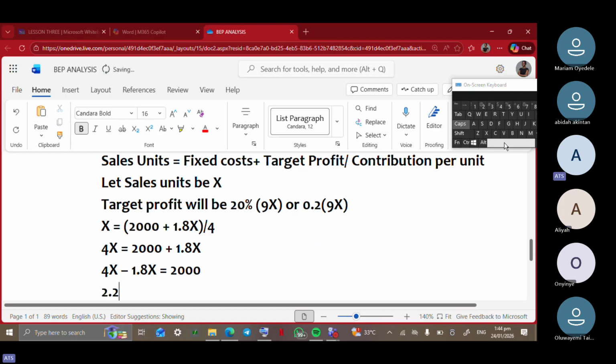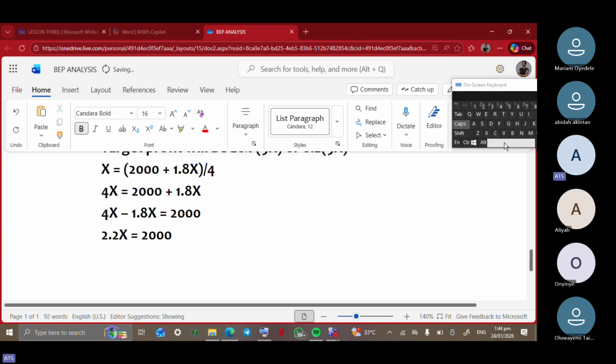So 2.2x is equal to 2000 naira, and x is equal to 2000 divided by 2.2, which is 909 point whatever. Let's just say approximately 909.09. It is in units, but let's just leave it like that. Now let us check.